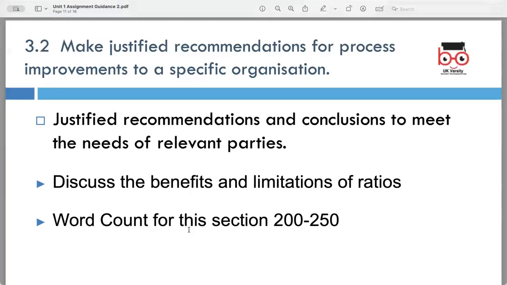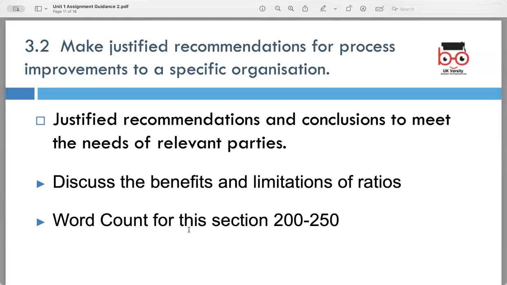Next one is make justified recommendations of process improvement to a specific organization. Justified recommendations and conclusion to meet the needs of relevant parties, discuss the benefits and limitations of ratios.